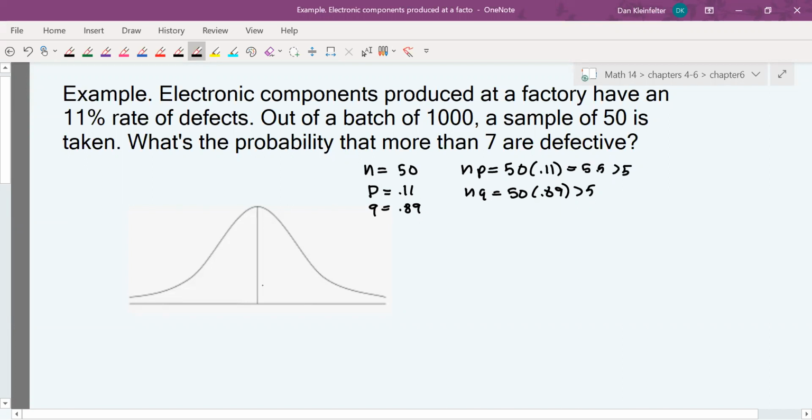So our mean, mu, is going to be np, and that was 5.5 as we saw. Our standard deviation will be the square root of npq. So n was 50, our p is 0.11, and our q is 0.89.